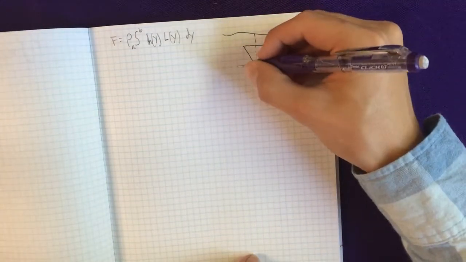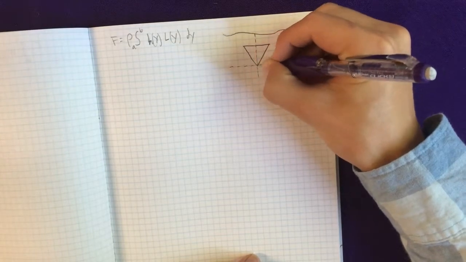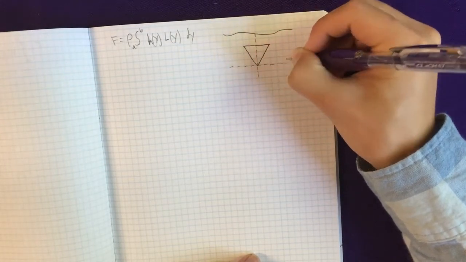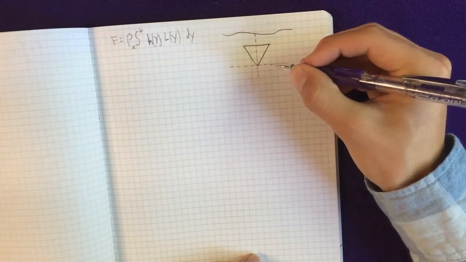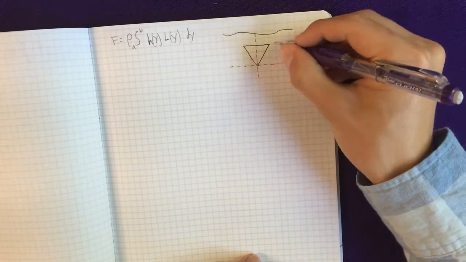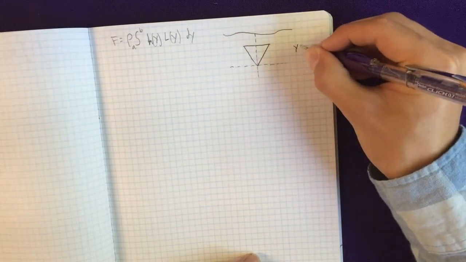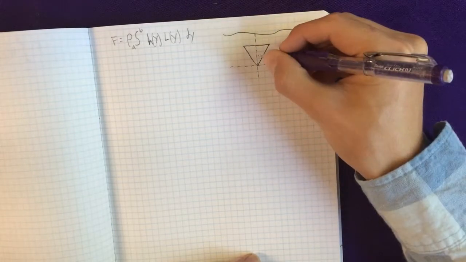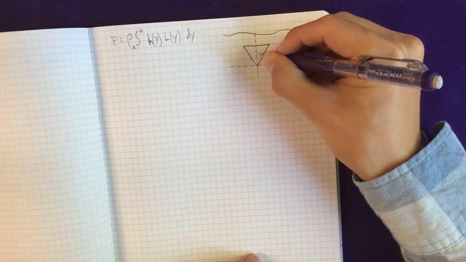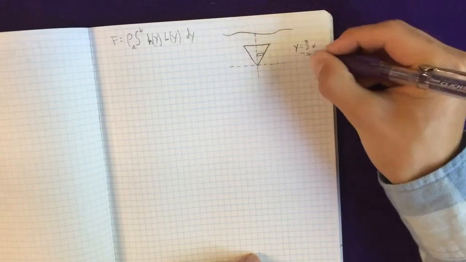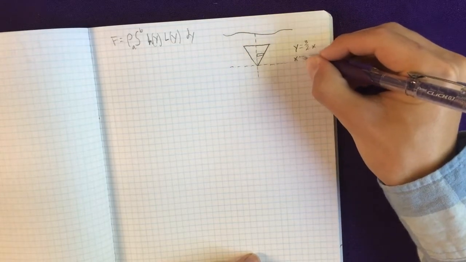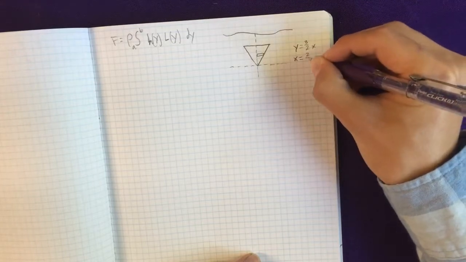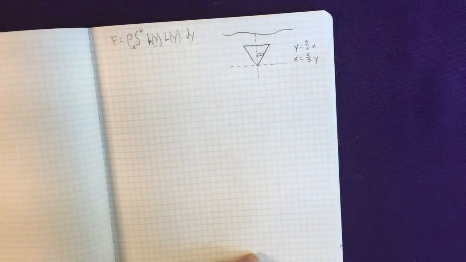We will make the axes go through the point of the triangle for convenience. We don't want any y-intercepts. The equation for this line right here is going to be y equals 3/2 x. But since our representative rectangles are horizontal, we need to solve for x, so x equals 2/3 y.